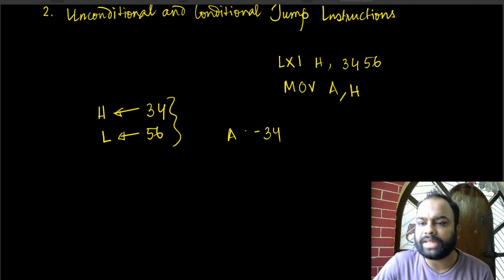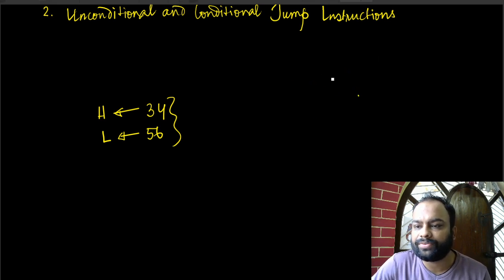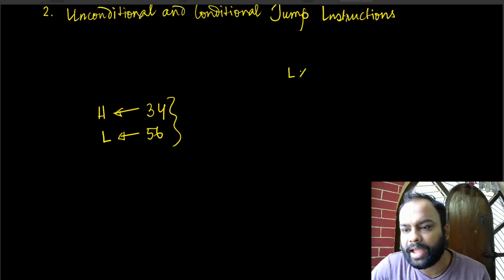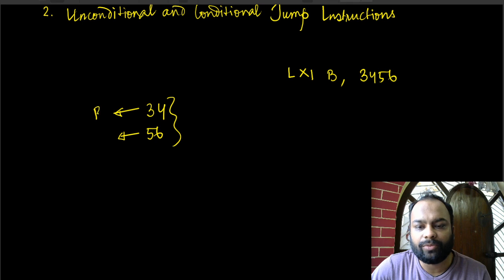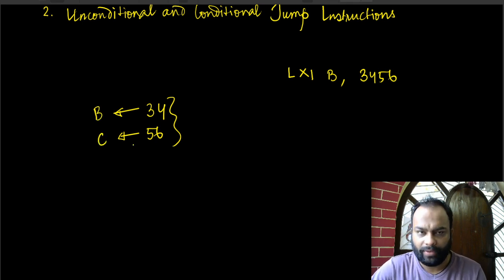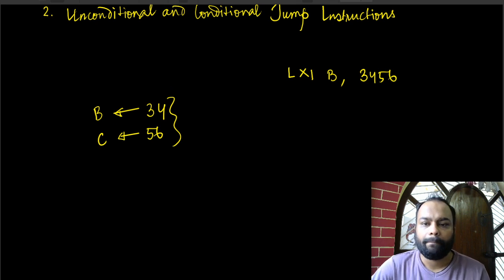For example, I might as well have done LXI B,3456. In that case, the B register would have gotten 34 and the C register would have gotten 56. But there would not have been any memory pointer to talk about in that situation, right?